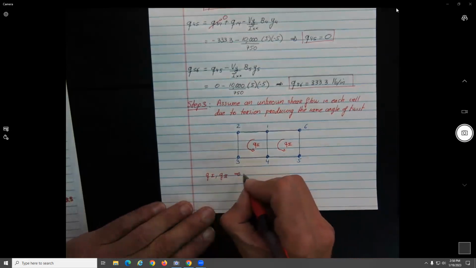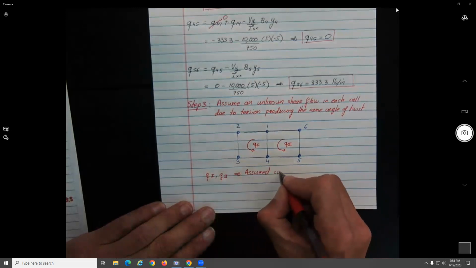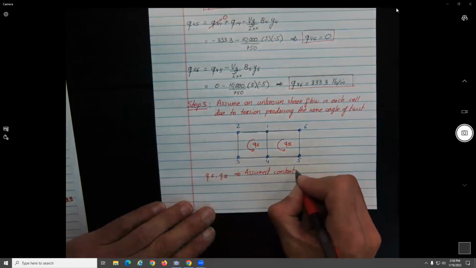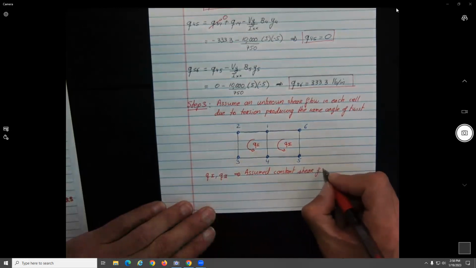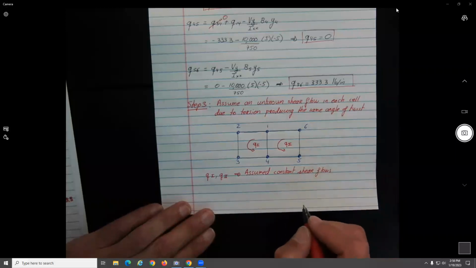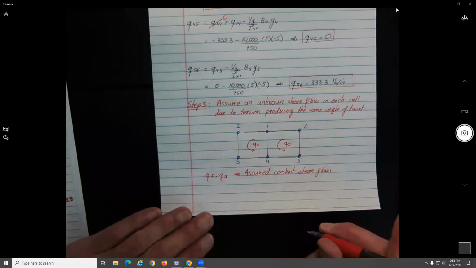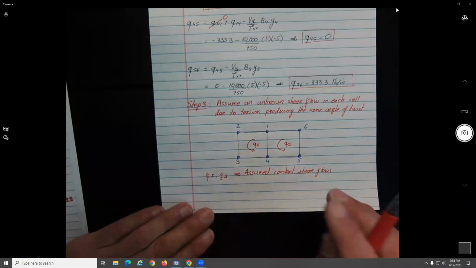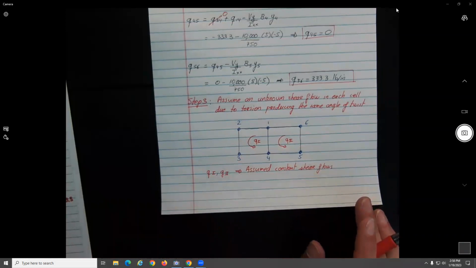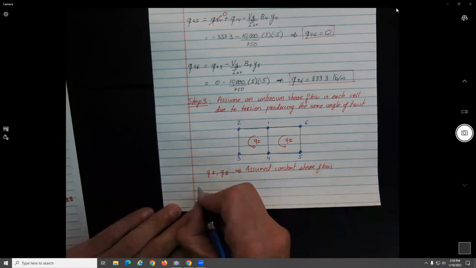Maybe I forgot to say this before, but assume constant is important. Assume constant shear flows on each one of the cells. Then we have to do the figure on the next page anyway. And we're going to use the same angle of twist.